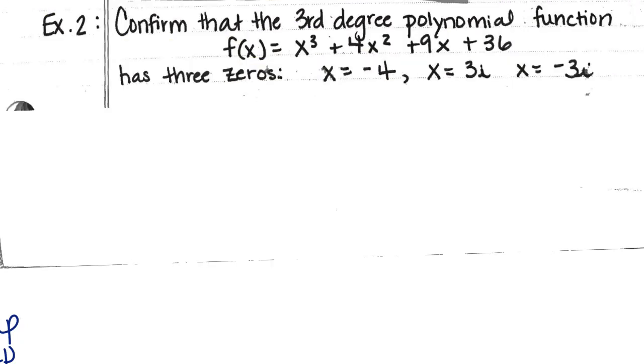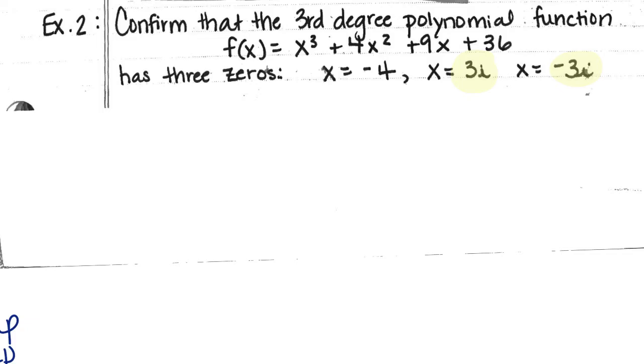Multiplicity. So last year in Algebra 2, we had a theorem that told us if we had imaginary numbers, like 3i, that you would also have a negative 3i, the complex conjugate theorem. So this is true.